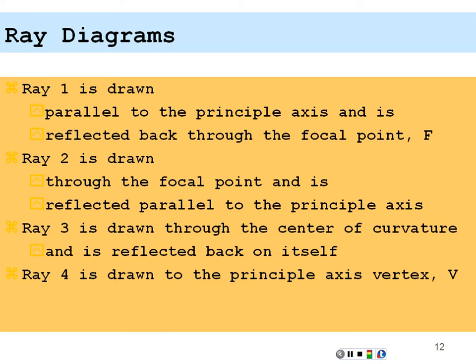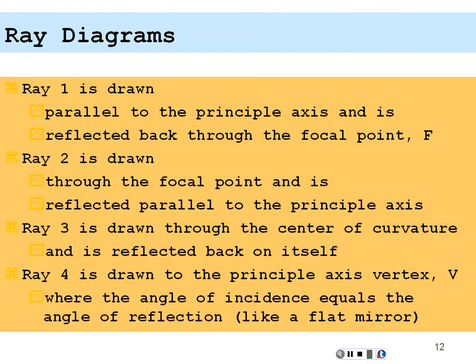Ray 4 is drawn to the principal axis vertex, which is right in the middle of the mirror, and the angle of incidence should equal the angle of reflection. If we treat that as, at least in a local sense, relatively flat at that point, whatever angle it comes in with is going to equal the angle it comes out with. We will use these kinds of ideas to construct a ray diagram.